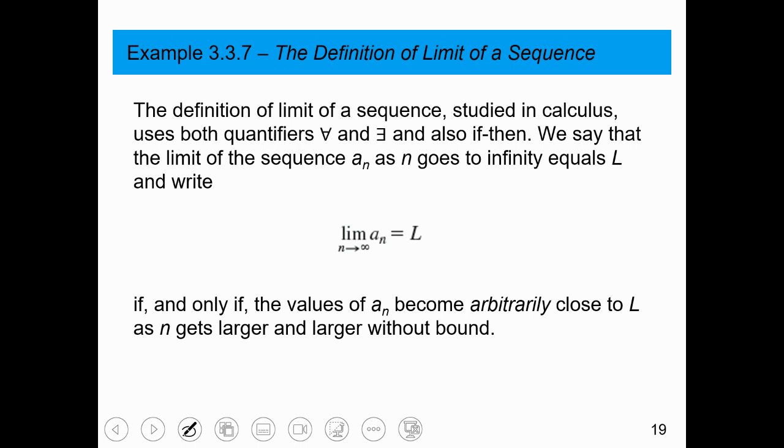We have another example, complicated. This is a calculus example. The definition of a limit that we study in calculus uses both quantifiers, for all and there exists, and also if-then. We say that the limit of a sequence a sub n as n goes to infinity equals L if and only if the values of a sub n become arbitrarily close to L as n gets larger and larger without bound.